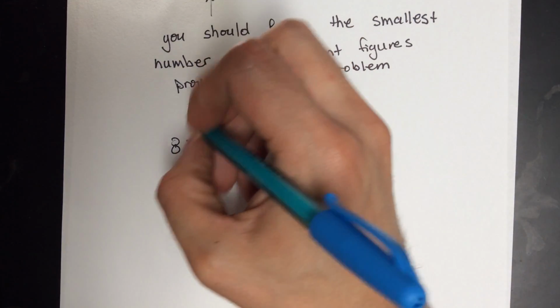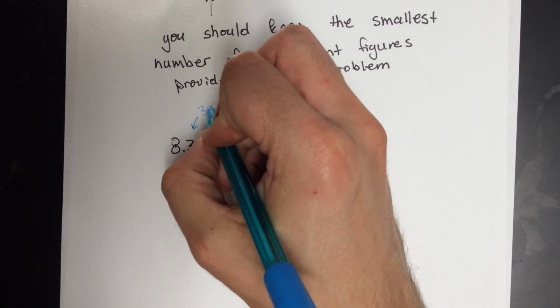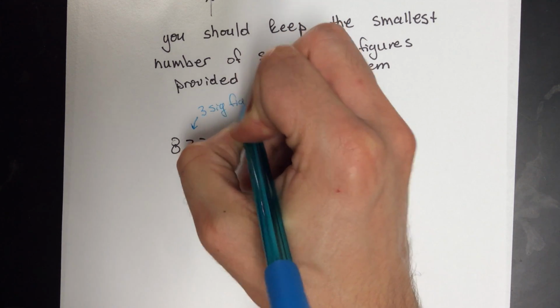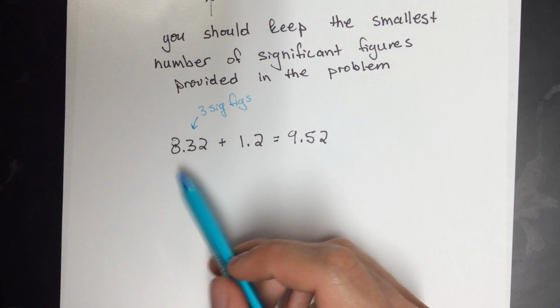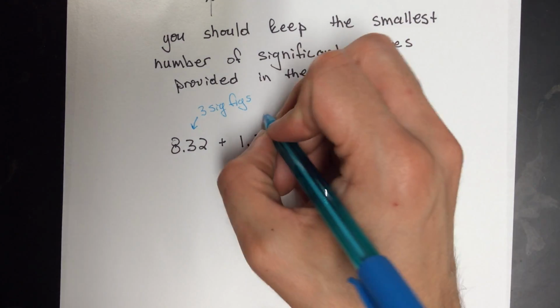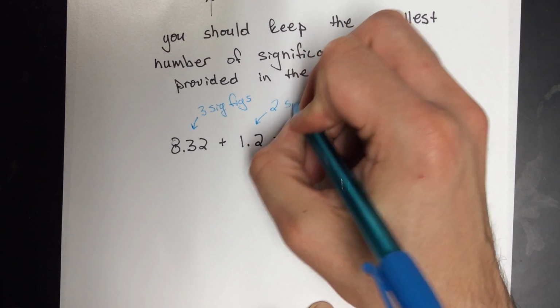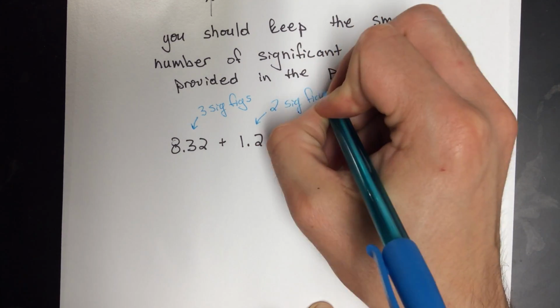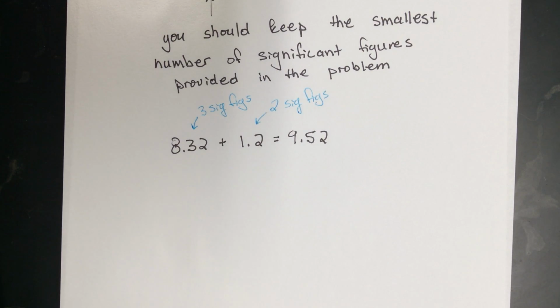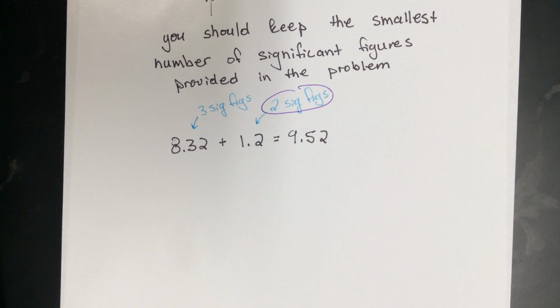From the original problem, 8.32 has 3 sig figs. It has 3 non-zero digits, so each of them is significant. 1.2, also from the original problem, only has 2 significant figures.